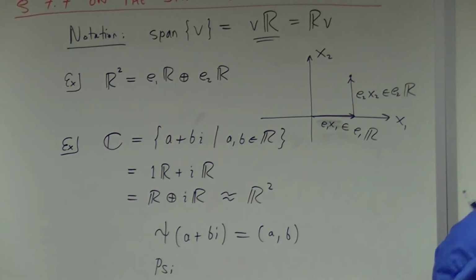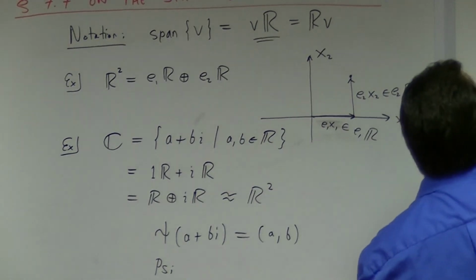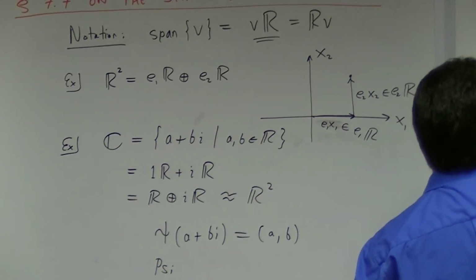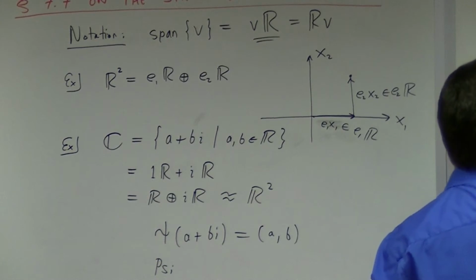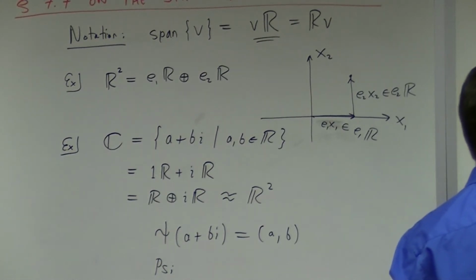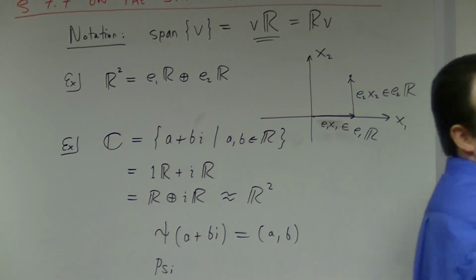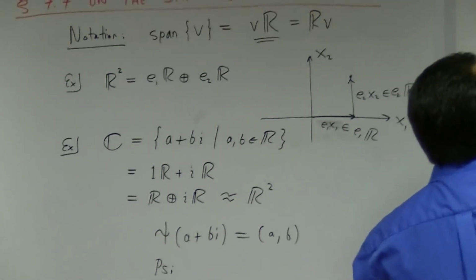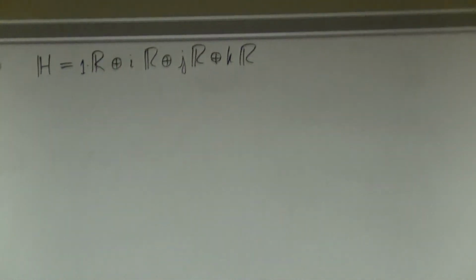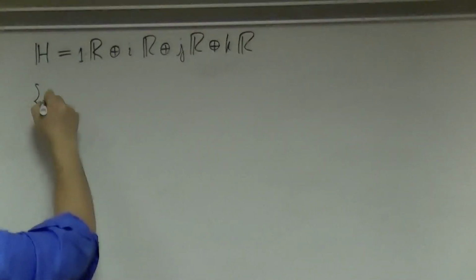Another example would be the quaternions, H. These are the direct sum of the reals, i times the reals, direct sum j times the reals, direct sum k times the reals. And there's a 1 here. Now, this is notation.